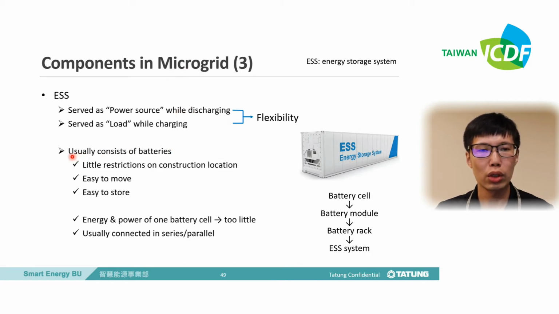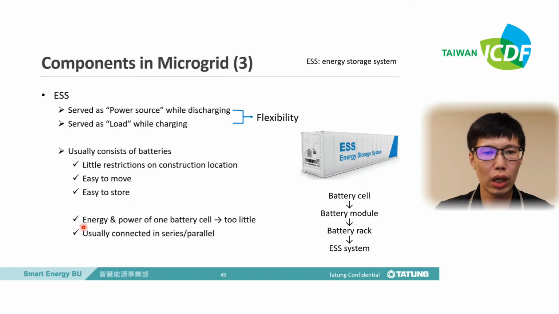The ESS usually consists of batteries because it has few restrictions on consumption location, and the battery is also easy to move and easy to store compared to other storage systems.